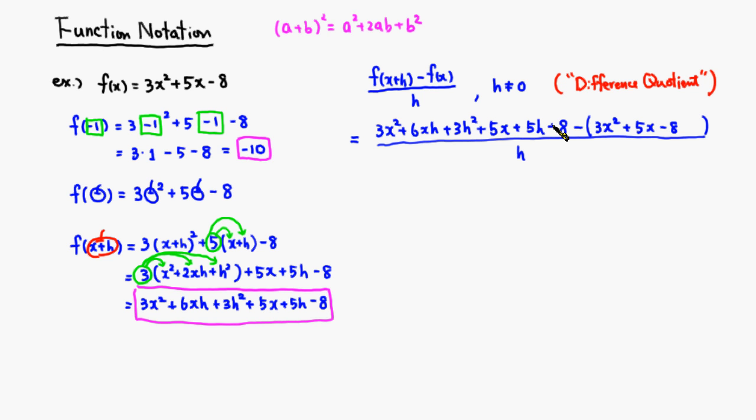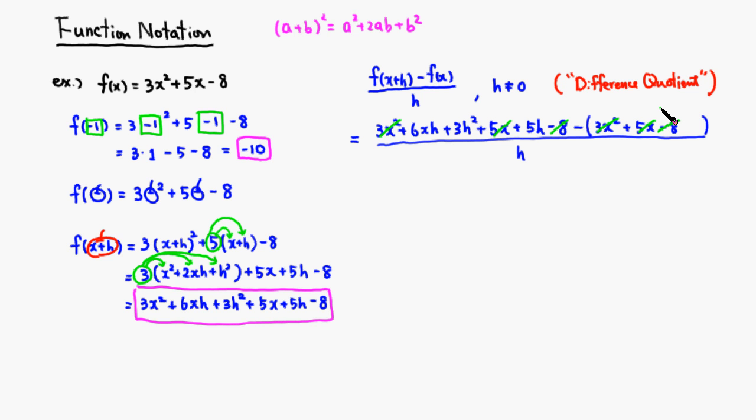Then what we can do is simplify as much as possible. In this case, there are a lot of terms canceling out. You have 3x squared minus 3x squared, there's a 5x here minus 5x, and there's a negative 8 minus negative 8.